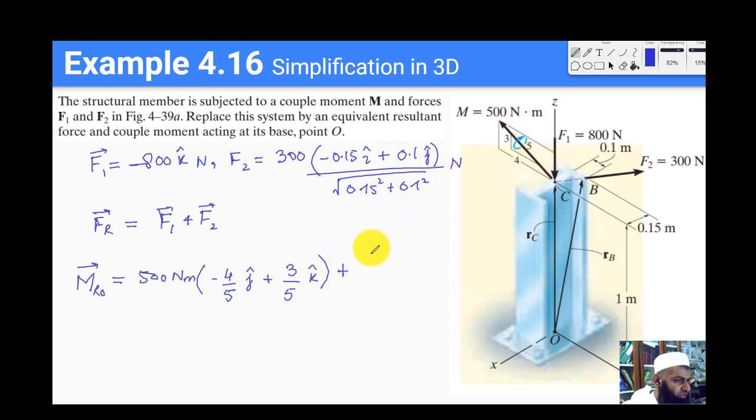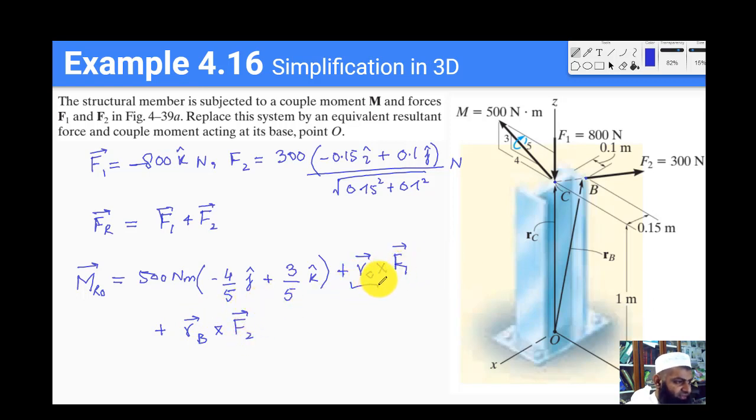The first one is going to be rC cross F1, and the second term is going to be rB cross F2.